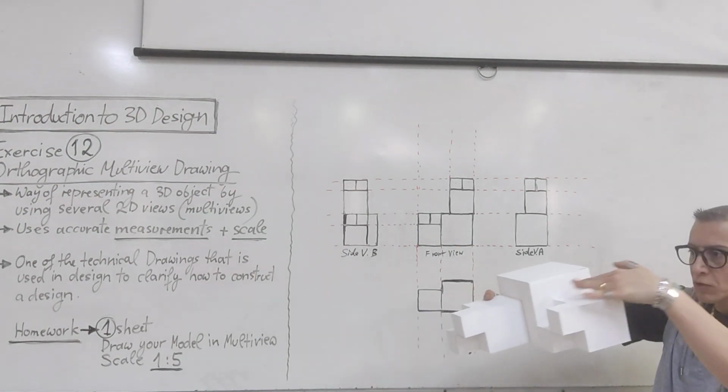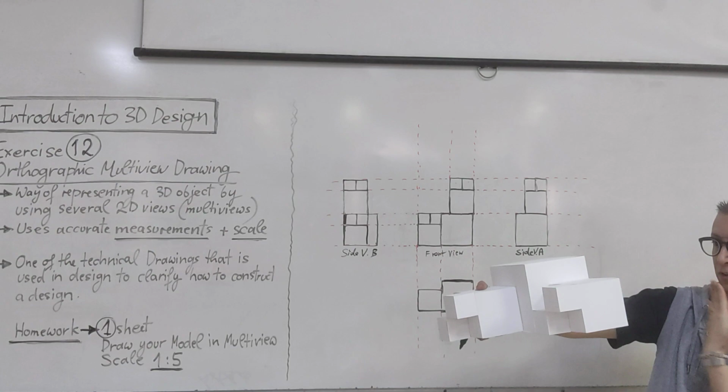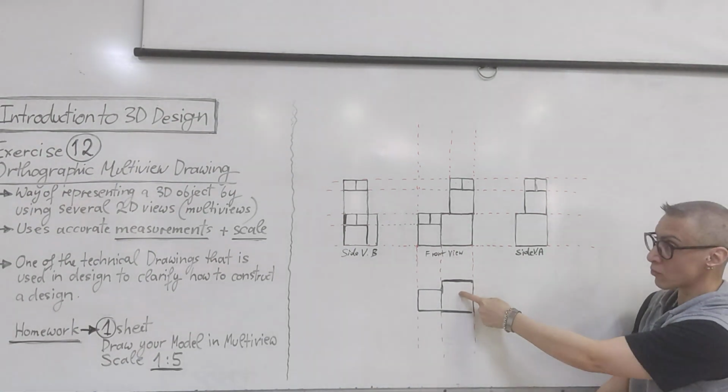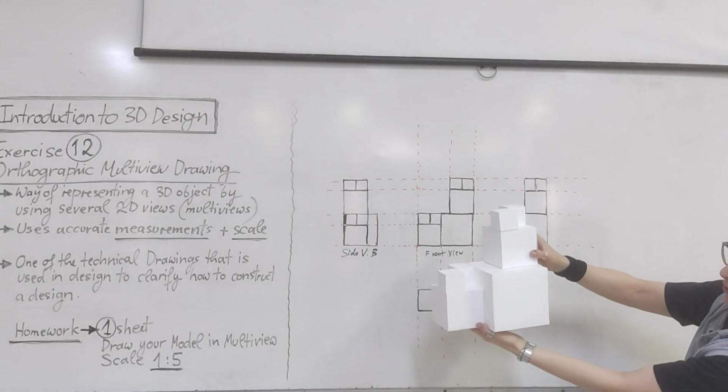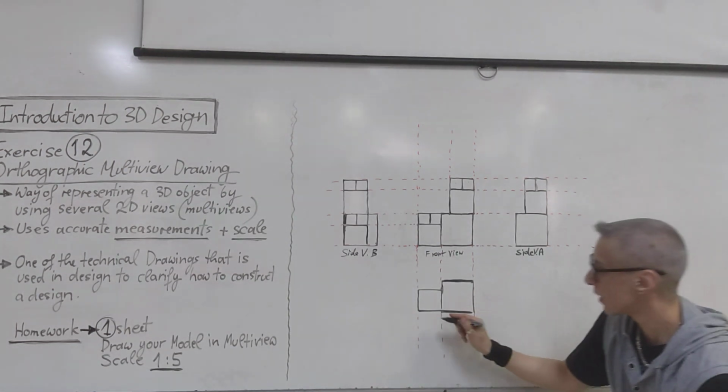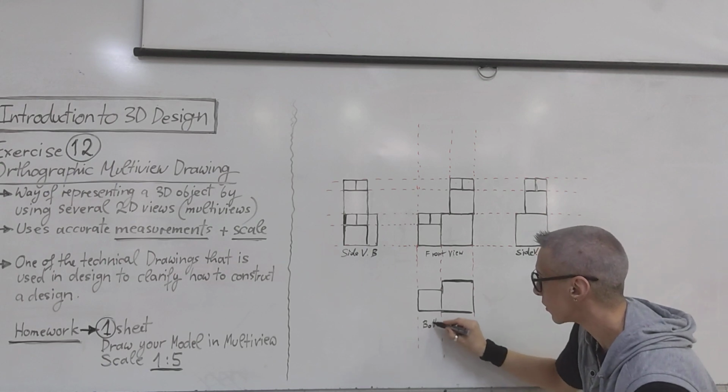If you look at it carefully, can we see any other faces facing us? No. Then this is the bottom view. So it's this object rotated like this. This is the bottom, okay? Bottom view.